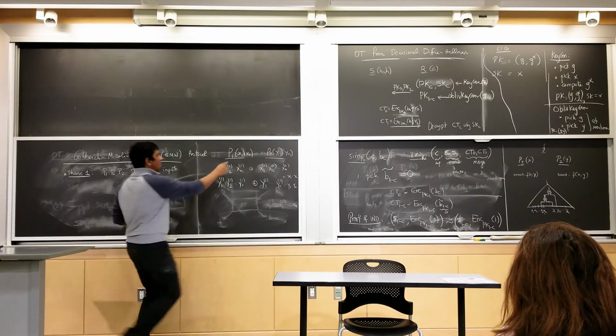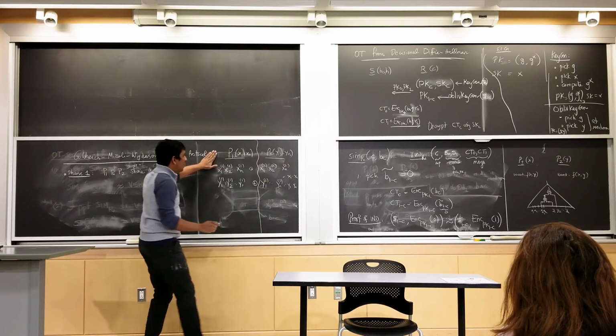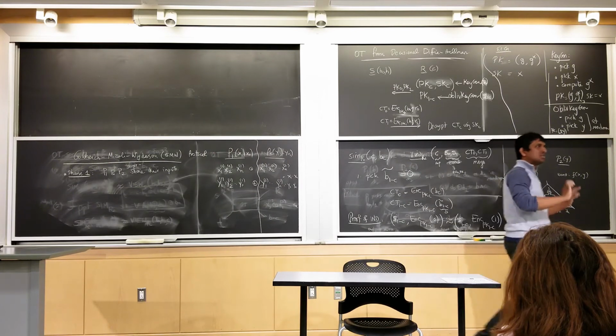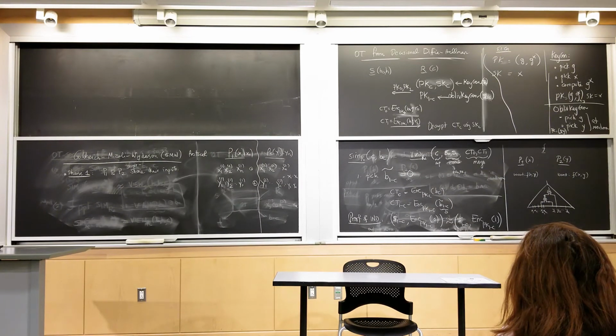This is what party 1 has and this is what party 2 has at the end of the day. They have a 2-out-of-2 secret sharing of their inputs. Set up. Now they compute.